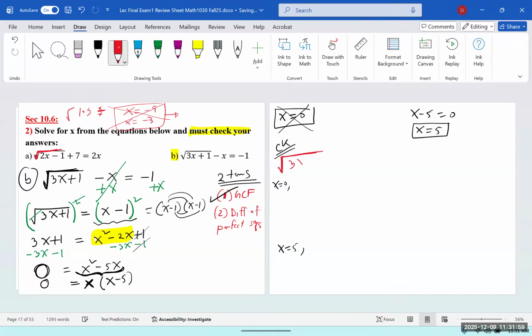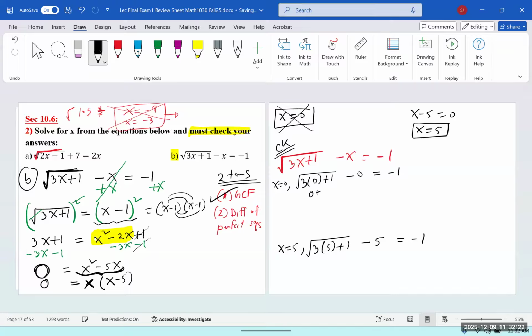The equation is square root of 3x plus 1 minus x equals negative 1. So it's 3 times 0 plus 1 minus 0, and 3 times 5 plus 1 under the radical minus 5 equals negative 1.